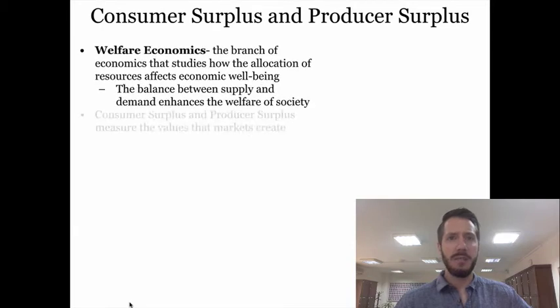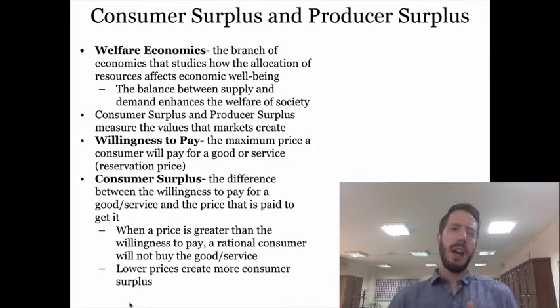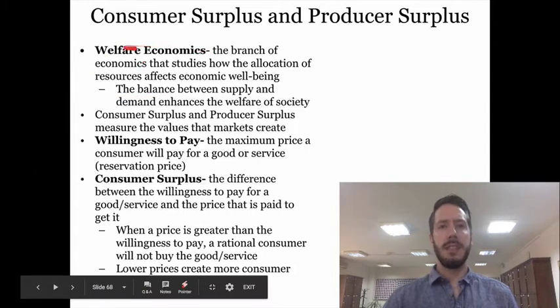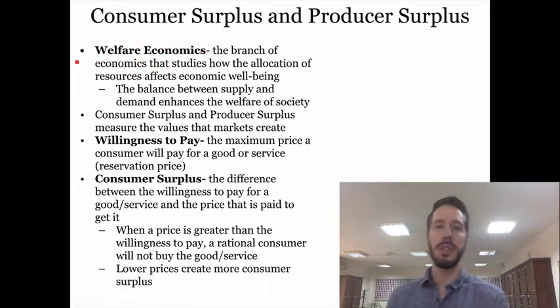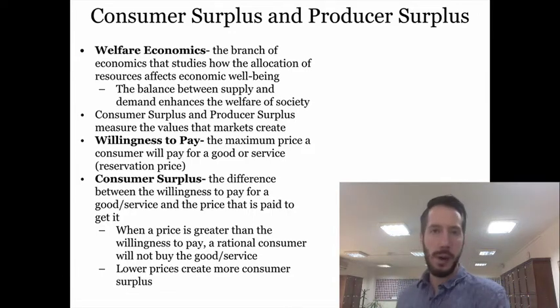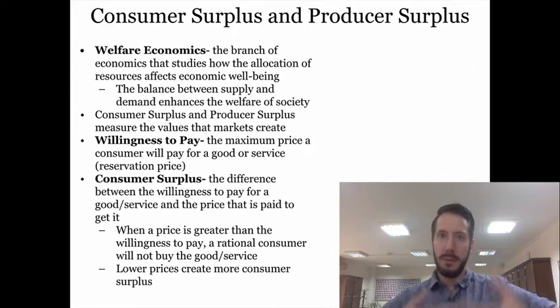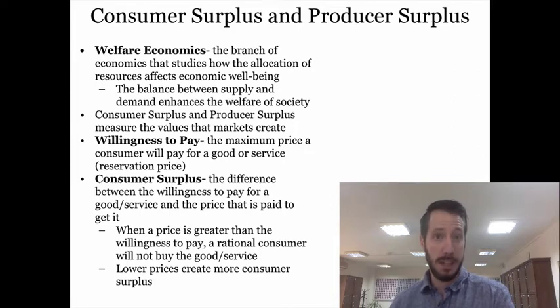Let's get started. So let's talk about a couple of terms here. The idea of welfare economics is a branch of economics that studies how the allocation of resources affects economic well-being. So what is the well-being of the people who buy goods and the people who sell goods? Ideally, you want both of them to be making some sort of surplus.